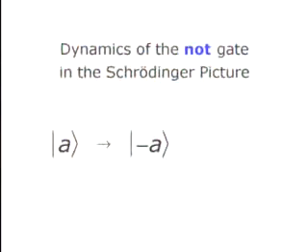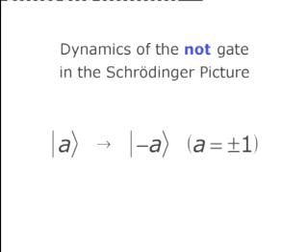For instance, the NOT gate is a single qubit gate. A single qubit has a two-dimensional Hilbert space. So we can completely specify the behavior of the NOT gate by giving its effect on just two states, like this. Ket A goes to ket minus A, where A is plus or minus 1, and these are eigenstates of the qubit's Z observable.